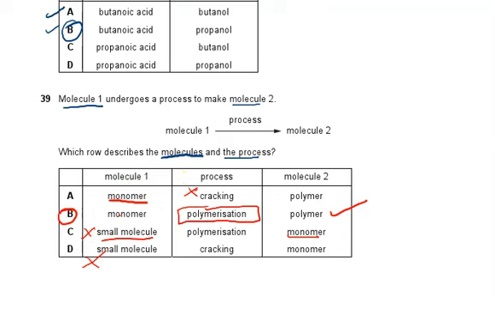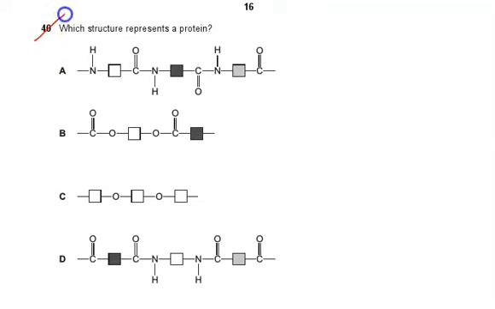Now let us look at the last one, number 40. Which structure represents a protein? For your information, protein is a polymer which its monomer is amino acid.